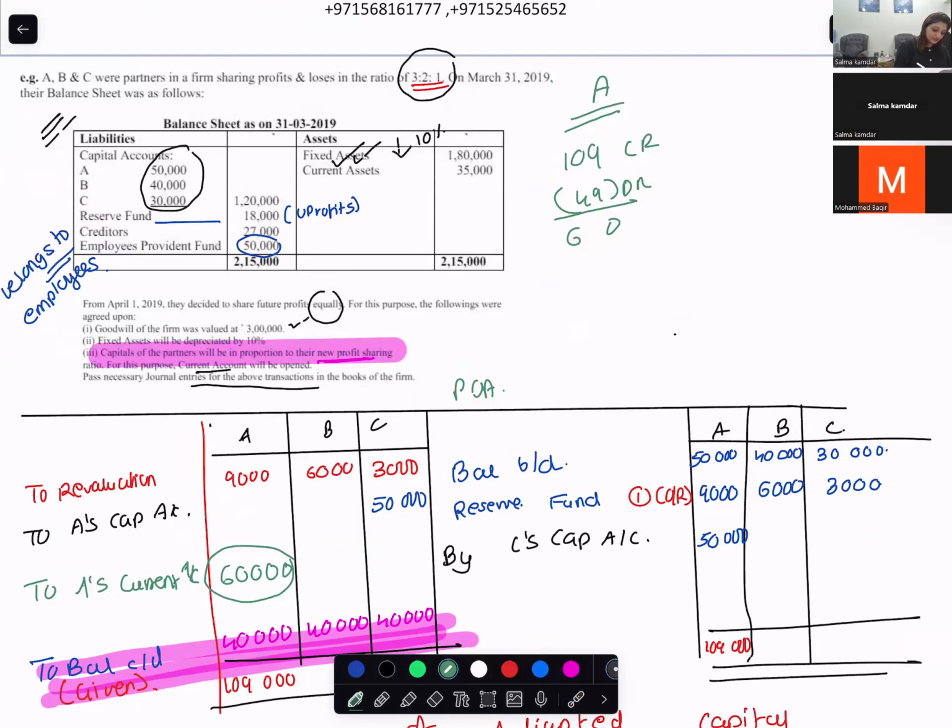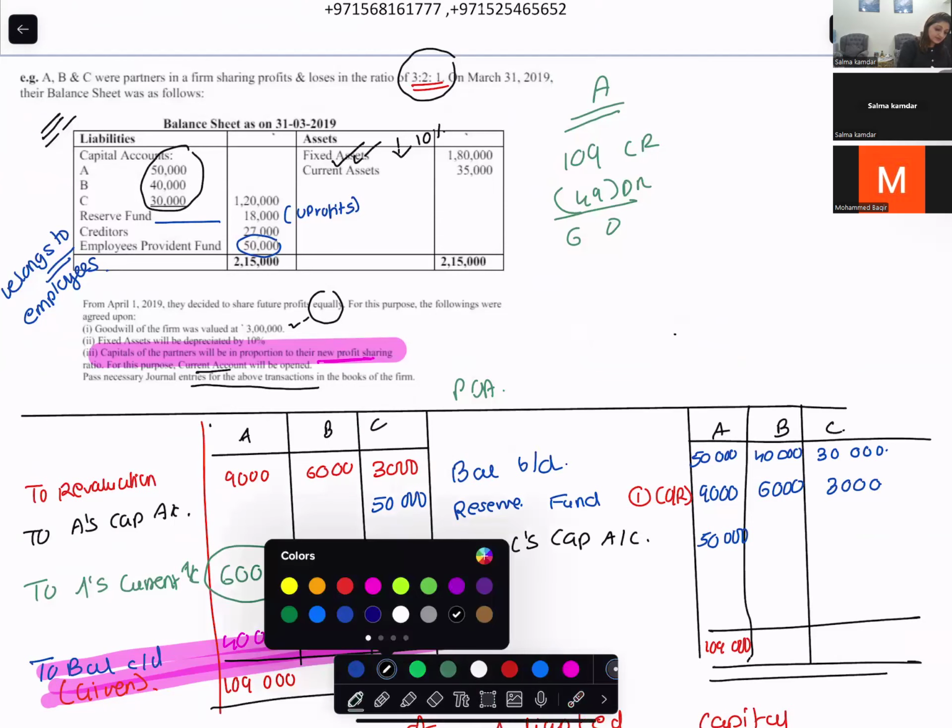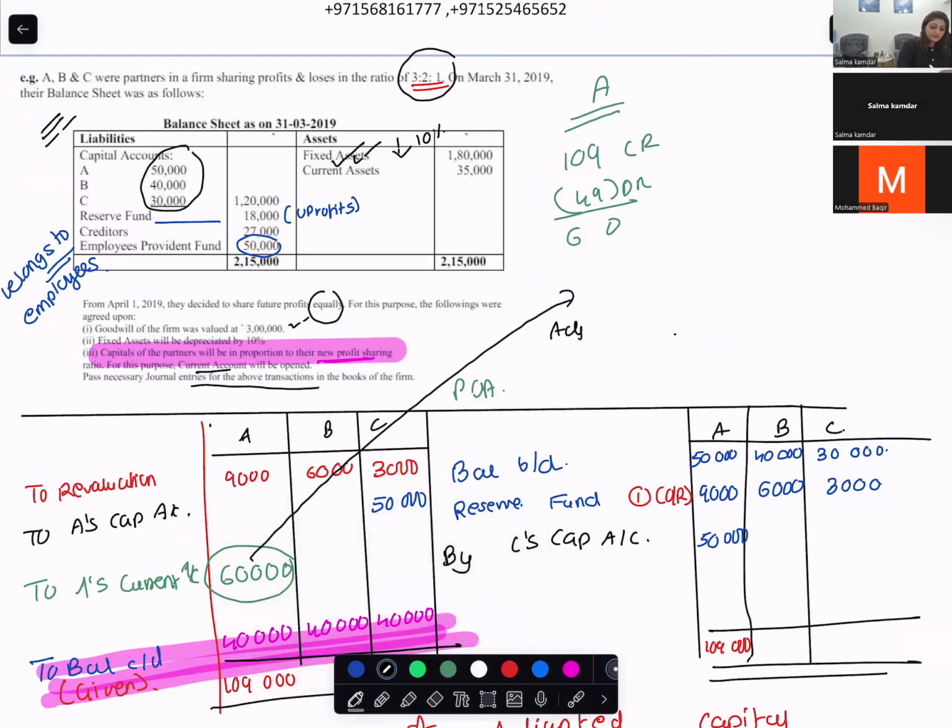What will be the narration? Adjustment of capital by opening current account. Repeat: adjustment of capital by opening current account. Are you with me?